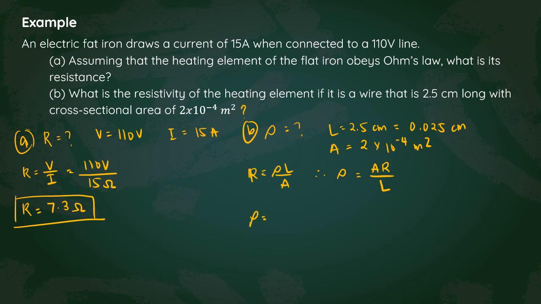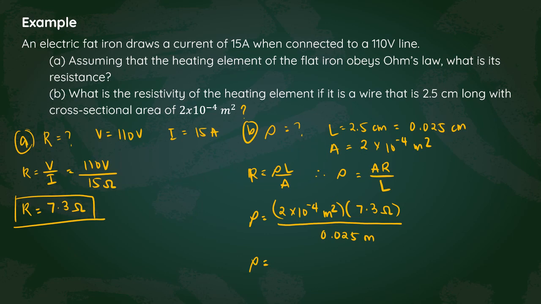So that is 2 times 10 raised to negative 4 meters squared, multiplied by your resistance, which is 7.3 ohms from the previous question, divided by your length of the heating element, which is 0.025 meters.